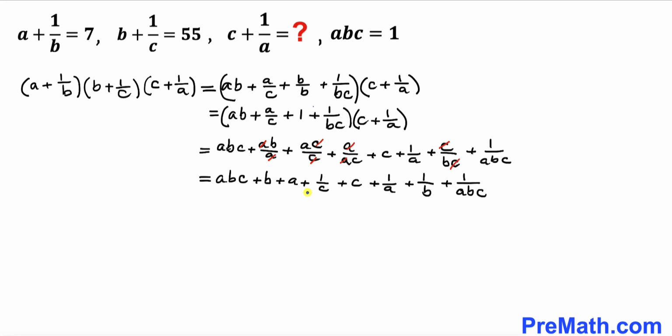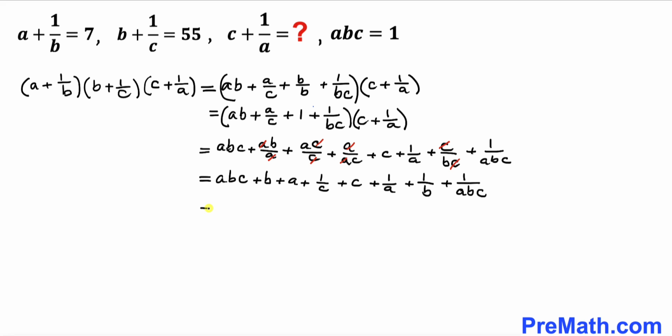Now let's rearrange these terms by combining a times b times c and 1 divided by a b c, and then I'm going to combine a with 1 divided by b, and then b with 1 divided by c, and finally c plus 1 divided by a.